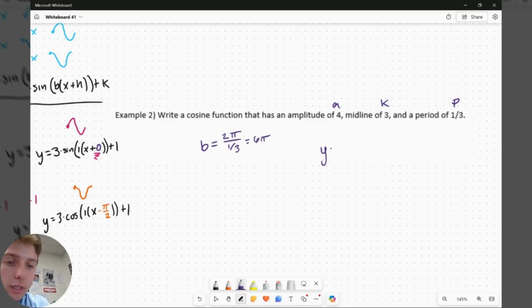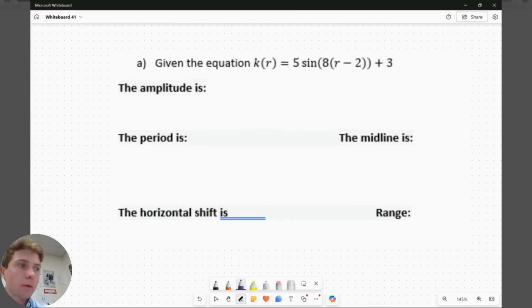So my function in this case, we're using cosine, they said, I replace A, and I replace the B in our formula. We don't have any horizontal translation, they said, but the midline, the K value, is up 3. Same idea, but now they just gave you the information instead, and we still did have to find B. There is another example. Let's look at 2 more.